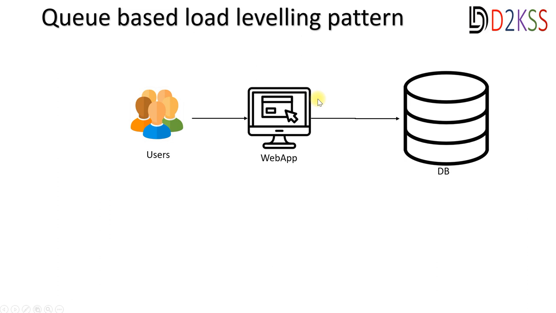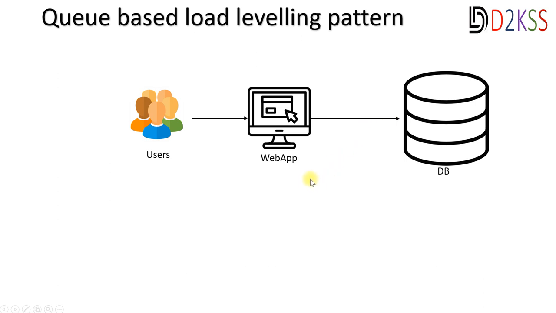For example, consider a scenario where we have created an application, and this application allows users to read, write, update, or delete data. A set of users is trying to access this application. When they access it, the data will be fetched from the database.